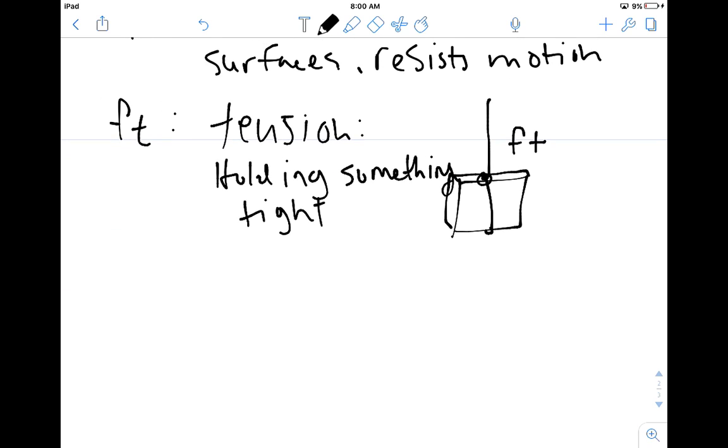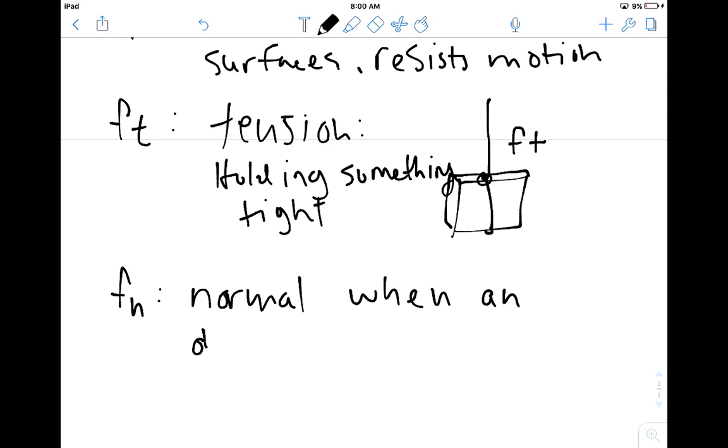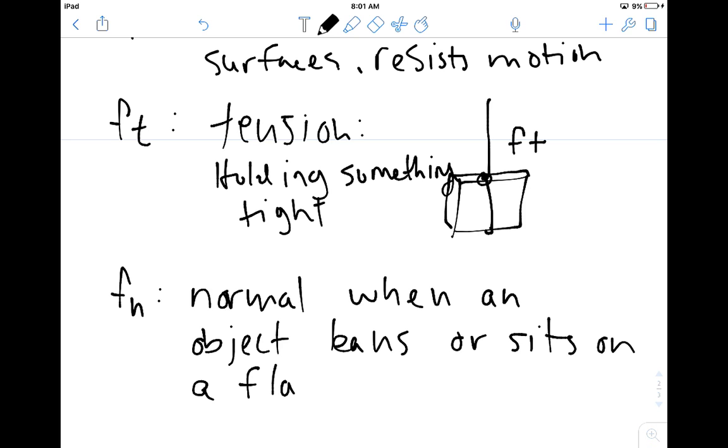And then finally, this one's kind of tough to understand, but Fn is called normal force. Normal force happens when an object leans or sits on a flat surface.